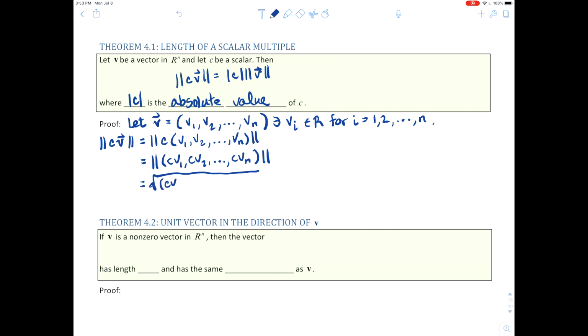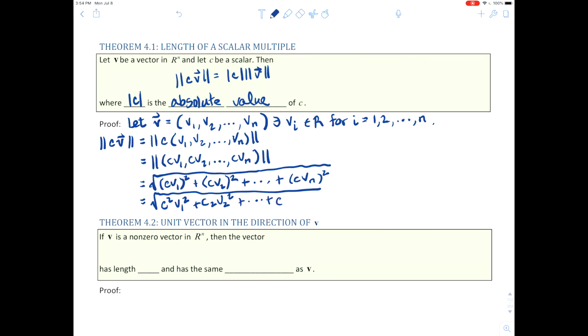So we have cv1, the quantity squared, plus cv2, the quantity squared, all the way down to cvn, the quantity squared. But look what happens. We get the square root of c squared v1 squared plus c squared v2 squared, all the way down to c squared vn squared.